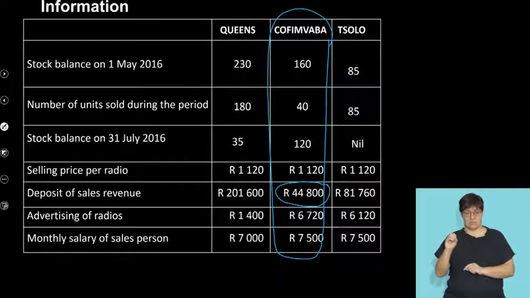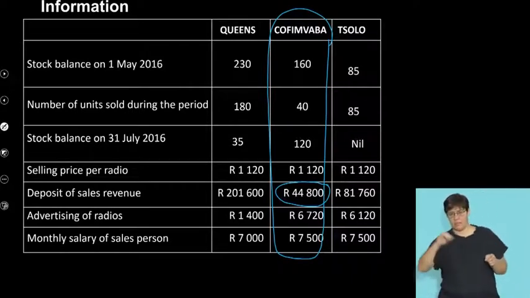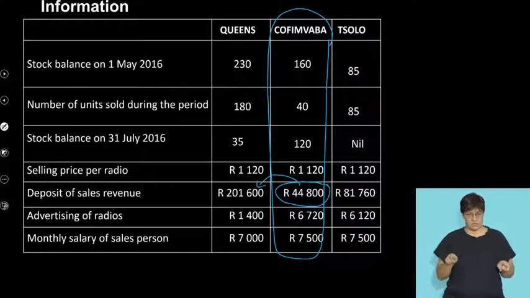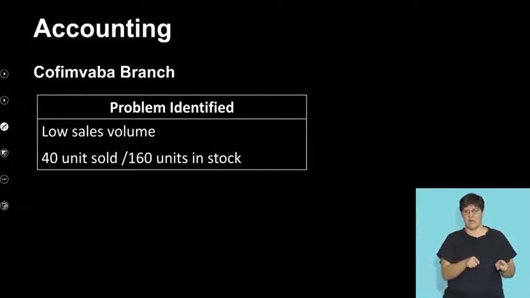Once again, compare it to other branches. Looking at Queens, it's 201,600, and if you're looking at Solo, it's 81,760. So clearly, we can clearly see we have identified as our problem our low sales volume.